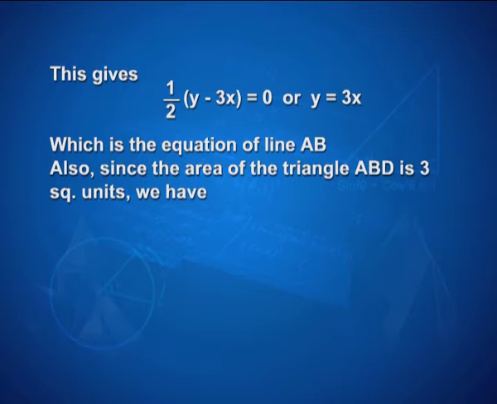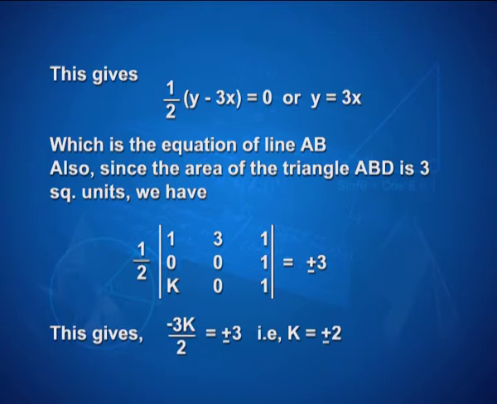Also, since the area of the triangle ABD is given to us as 3 square units, we have half of determinant 1, 3, 1, 0, 0, 1, k, 0, 1 is equal to plus or minus 3, which gives minus 3k upon 2 is equal to plus or minus 3, that is k is equal to minus plus 2.